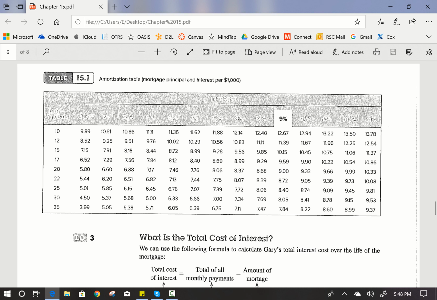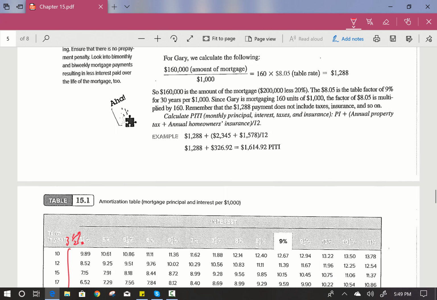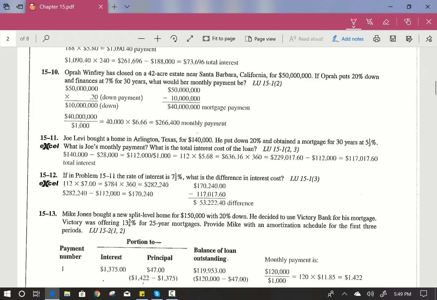3.5% doesn't look like it exists here, but we would need to find the corresponding factor of 3.5% in 25 years, whatever that would be, and take that times our result.